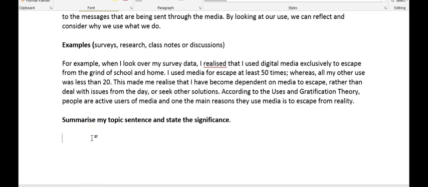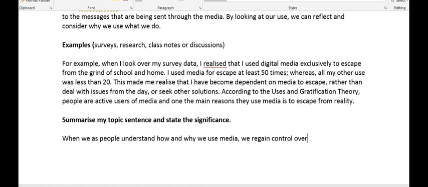And this is where I can get a little bit philosophical, a little bit deep, and I can say, when we as people understand how and why we use media, we regain control over the media and its effects on us.